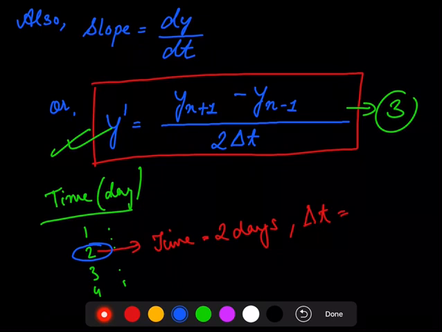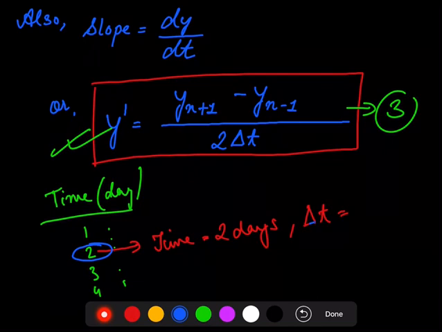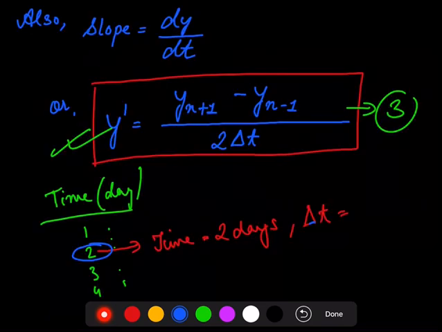Since I am calculating at this time interval, that is equal to 2 days. So what will be your delta t? Delta t will be delta t1 plus delta t2.